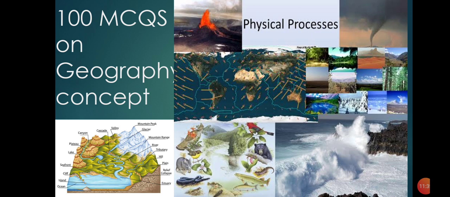Question number 17. Consider the following statement. The term Neritic is used to describe the shallow part of the ocean near the coast and overlying the continental shelf. Neritic sediments are generally shallow water deposits formed close to land.